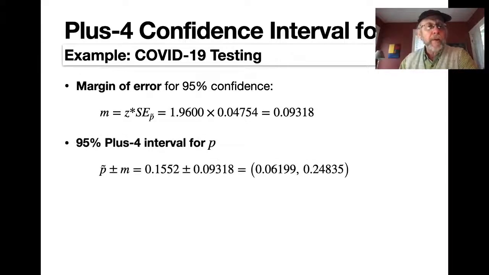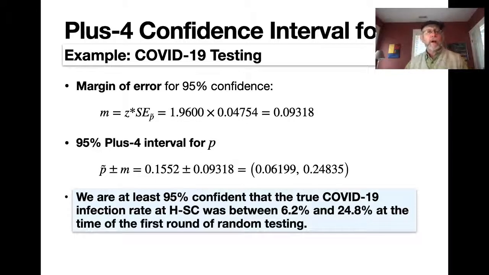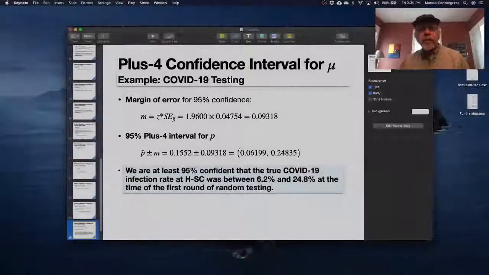And our 95% +4 interval for p, the true infection rate at HSC at the time of that first round of testing, turns out to go from about 6.2% all the way up to 24.8%. So we're 95% confident that the true COVID-19 infection rate at HSC was between 6.2% and 24.8% at the time of that first round of random testing.